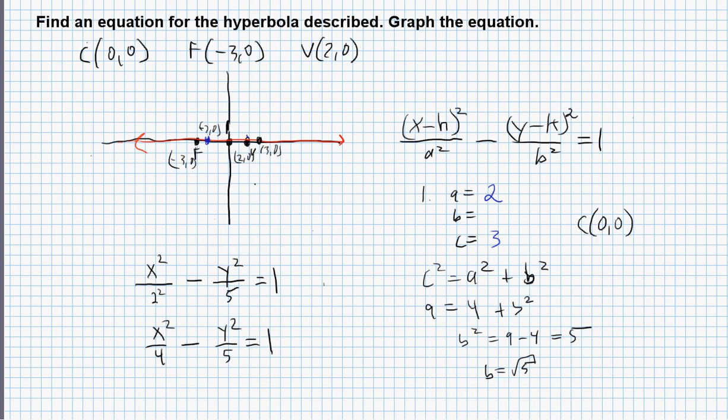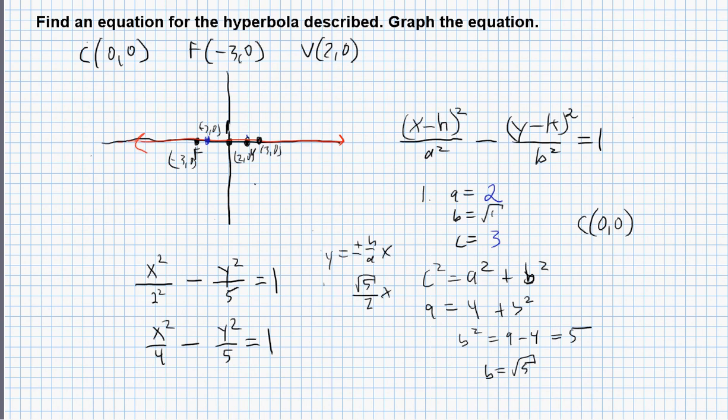Now, since this is a horizontally oriented hyperbola, our asymptotes are going to have equations y is equal to plus or minus b over a times x. So that is rad 5, which is the b, over a, which is 2, and that's going to give us the slope.